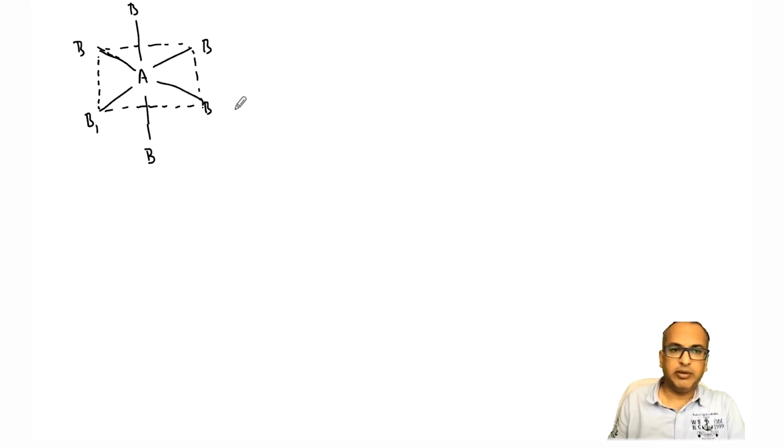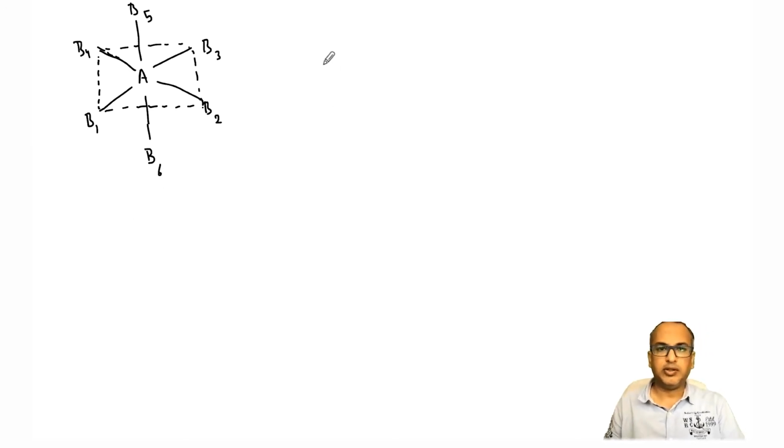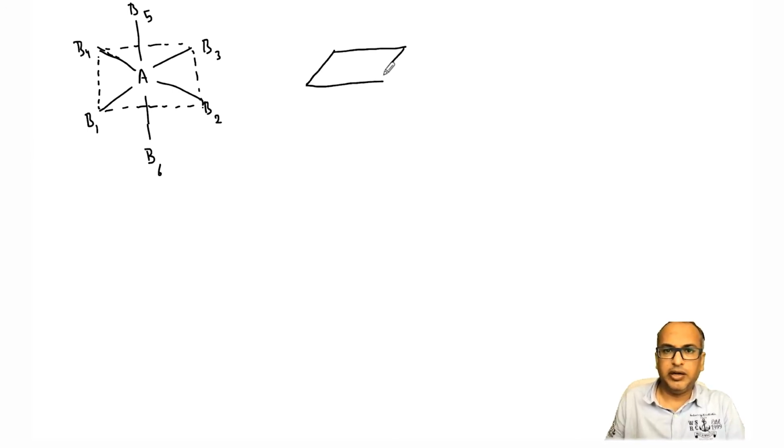So if I'm drawing it like this, it looks like this. Okay. In other words, if I try to draw it in a 3D projection, it looks something like this. At the center is A, and then you have 4 B atoms.